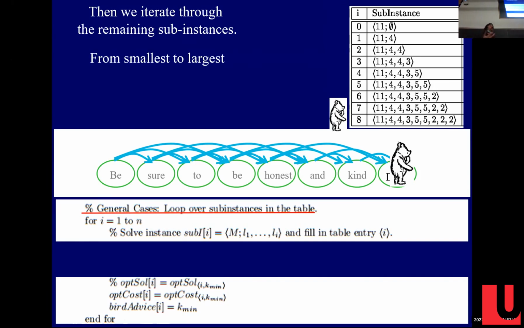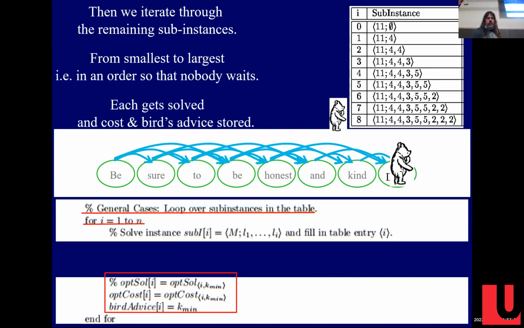And what I always say is we solve them in an order so that nobody waits, because if we were doing recursion, I would need help from my friends. And if my friends hadn't done their job, I would have to wait for them. But because my friends are smaller, if we do them from smallest to largest, they're done already. So there we are, we're looping through them.